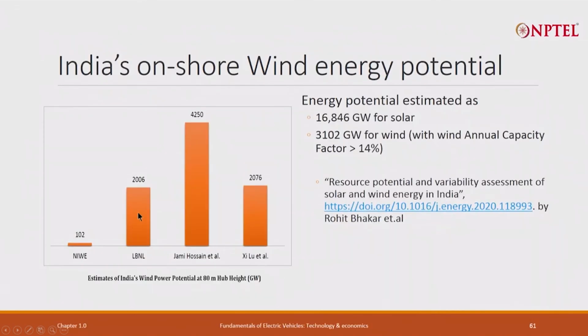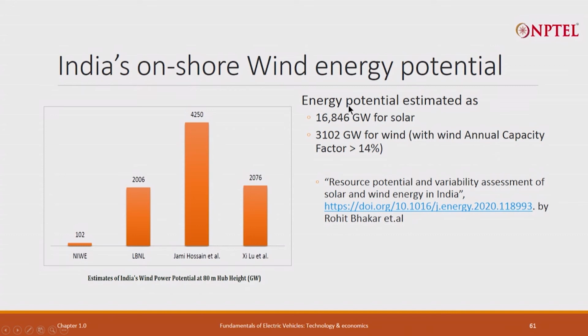But there are other estimates which have gone to say 16,000 gigawatt for solar and 3,102 for wind. This is only on land area, not taking the ocean into account.